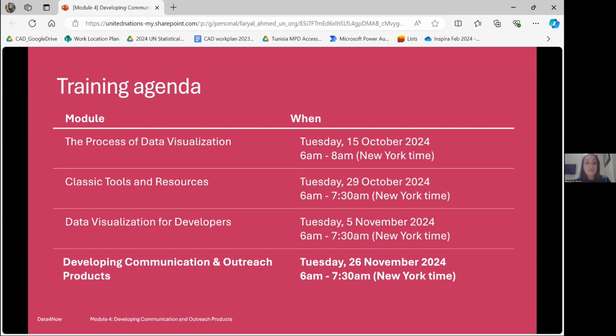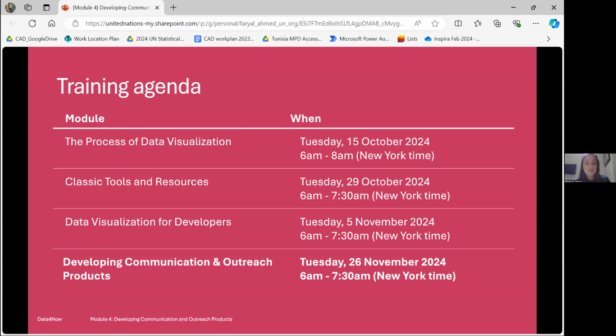In the second session, we saw classic tools and resources that we can use to create effective visualizations with basic coding knowledge. We explored the UNDP data visualization tool, the UNDP GeoHub, and other tools like Flourish.